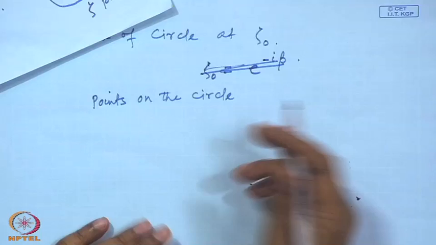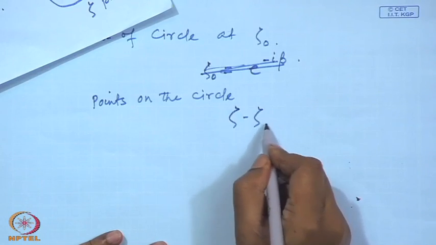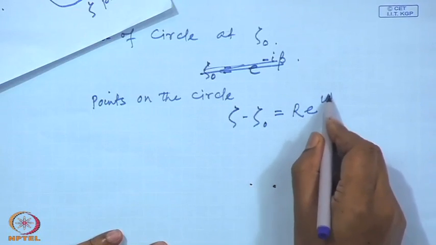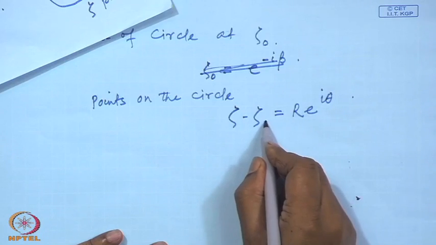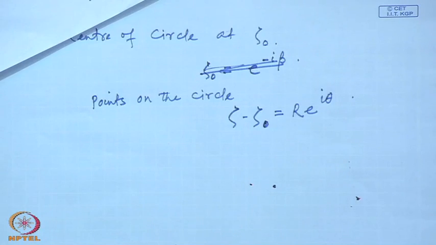But now the center is at zeta naught, so what is the equation of the circle? It is zeta minus zeta naught equal to r e to the power i theta. So, that is the point on the circle. What is the trailing edge point?